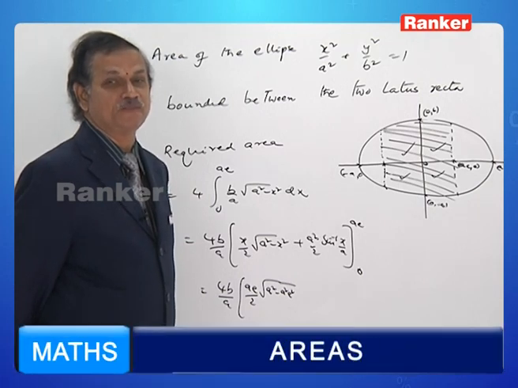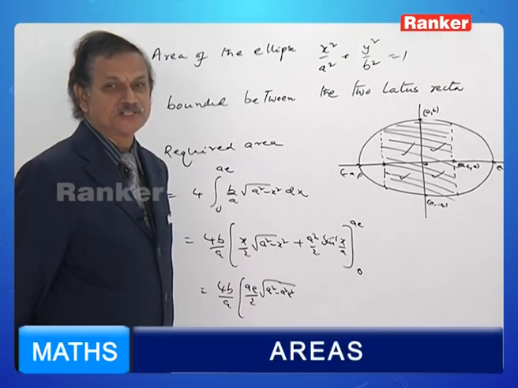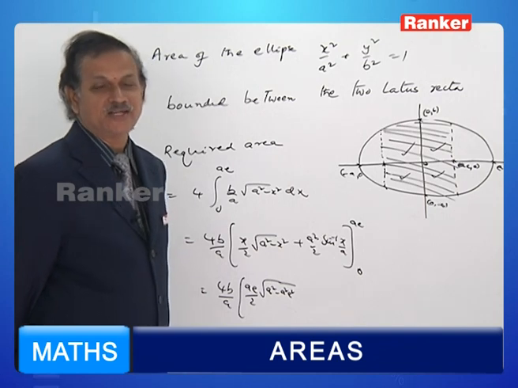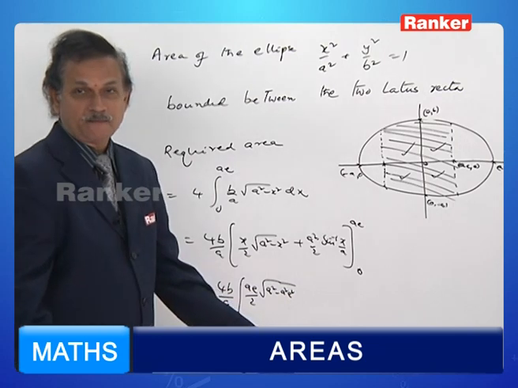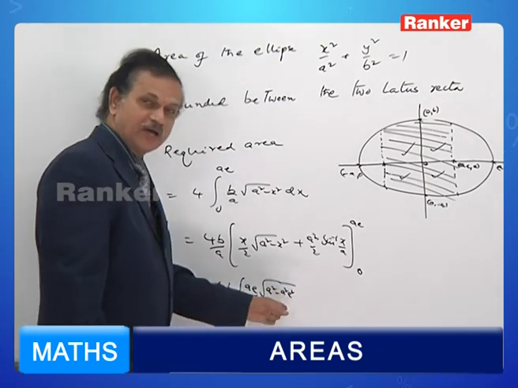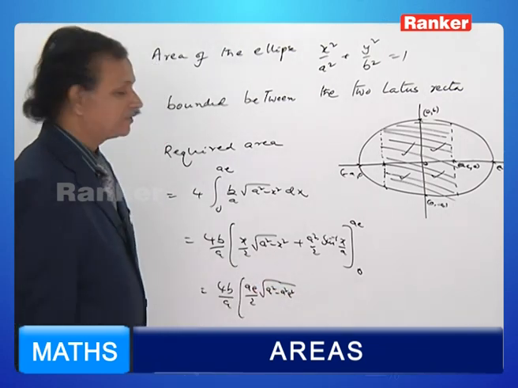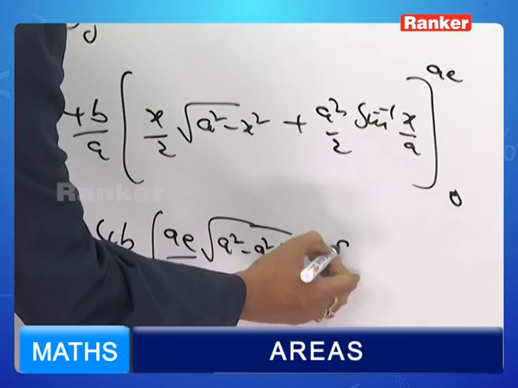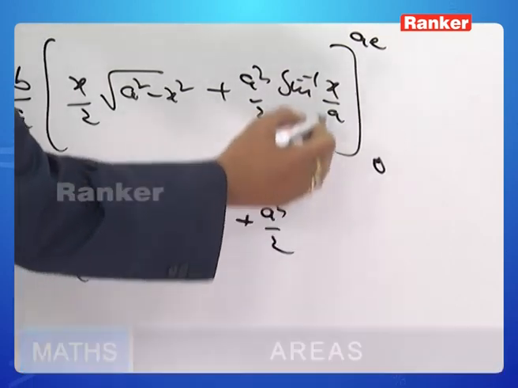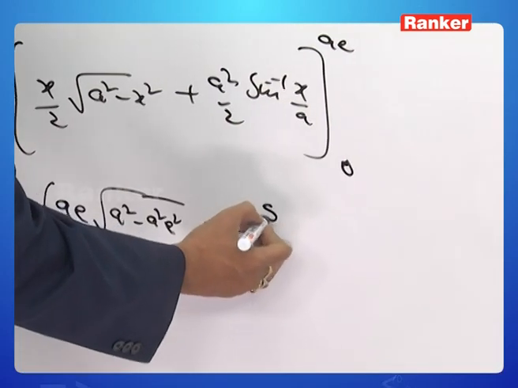You might have forgotten it. What is b square? Actually, a square into 1 minus e square. But a square into 1 minus e square is a square minus a square e square, which is b square. Root b square is b. Here, what happens? Plus a square by 2 into AE by a, that is e, sine inverse e.